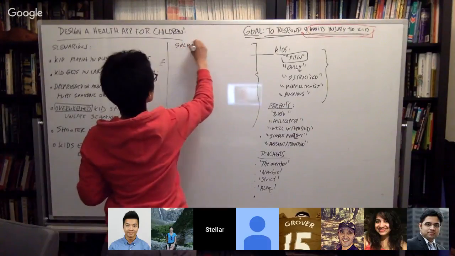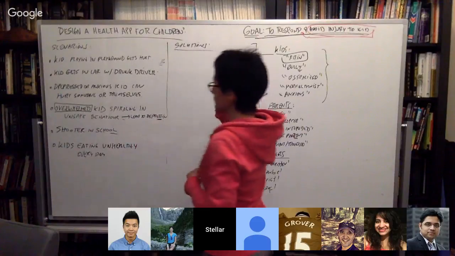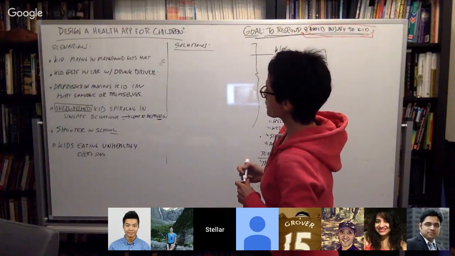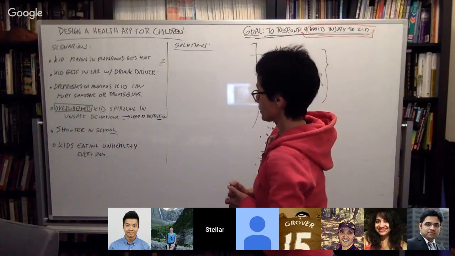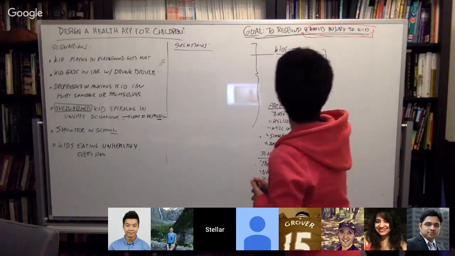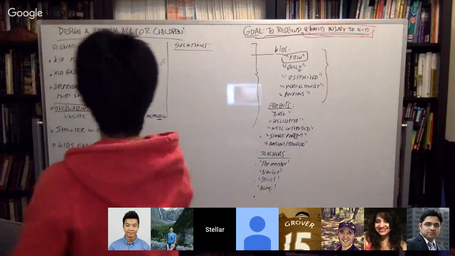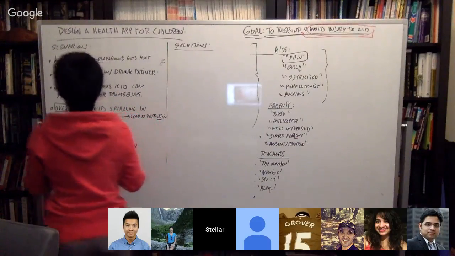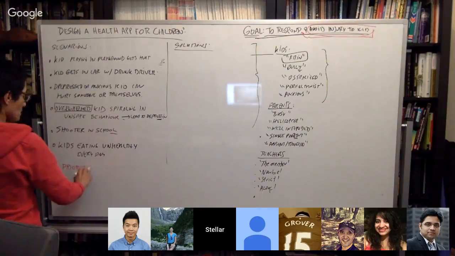Okay, solutions. Let's prioritize some needs, or do we want to work on all of them first? I would say we prioritize, because that's one of the biggest skills you show as a product manager. So what's going to be our prioritization criteria?